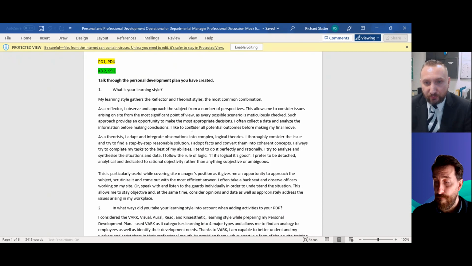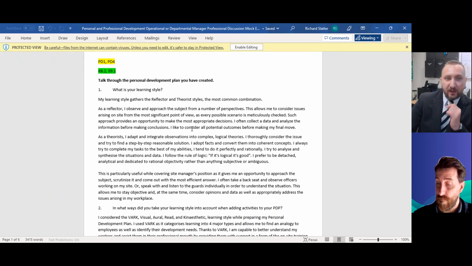This allows me to consider issues arising on site from the most significant point of view, as every possible scenario is precisely checked. Such an approach provides an opportunity to make the most appropriate decisions. I often collect the data and analyze the information before making conclusions. I like to consider all potential outcomes before making my final move.